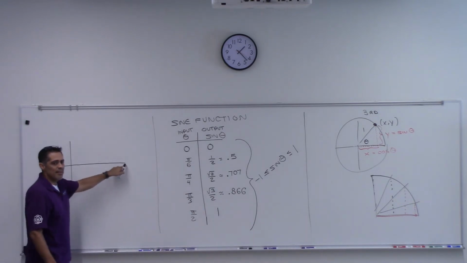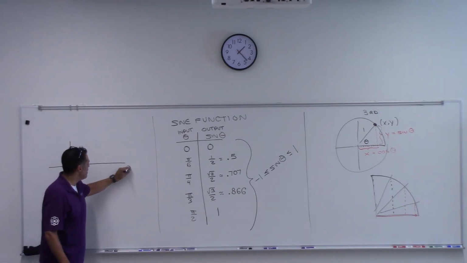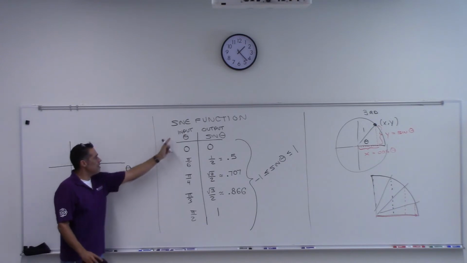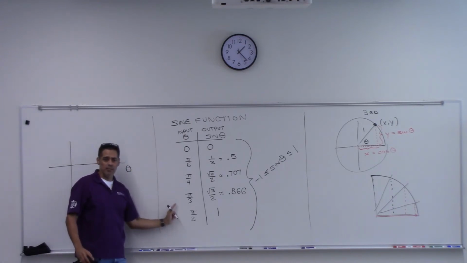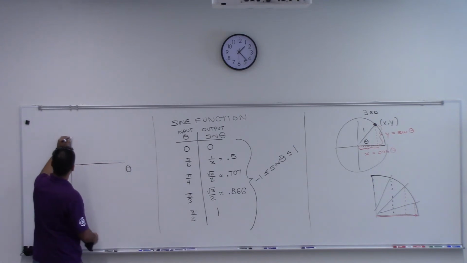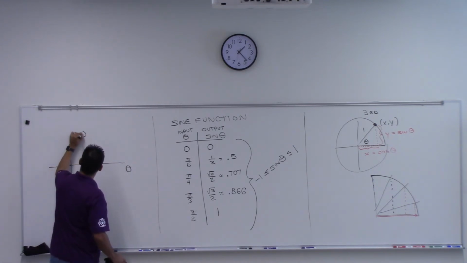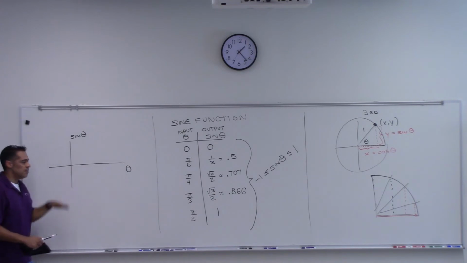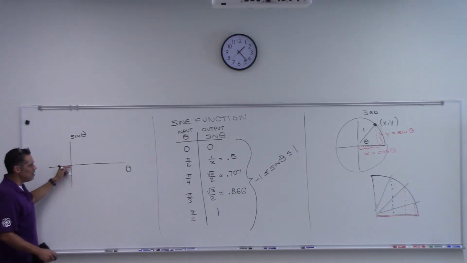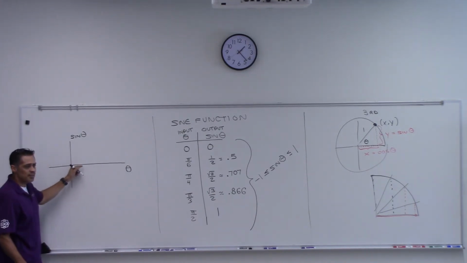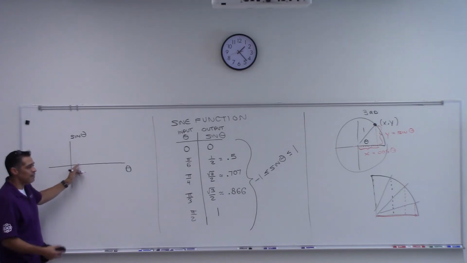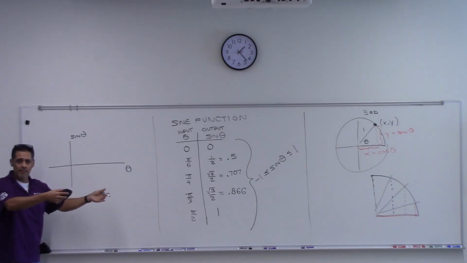And this axis, I should call my theta axis. Because isn't theta the angle that's being put in? This is the input. And the output is the function itself, sine theta. So whatever goes in, if I plug in 0, it spits out 0. If I plug in pi over 6, it spits out 0.5, and so on and so forth.